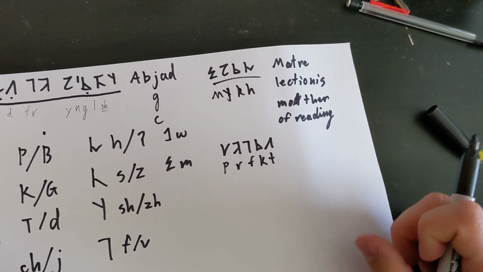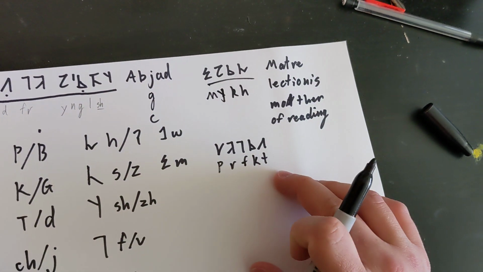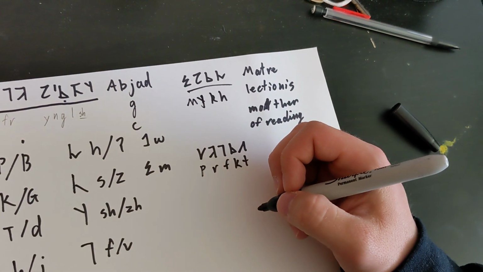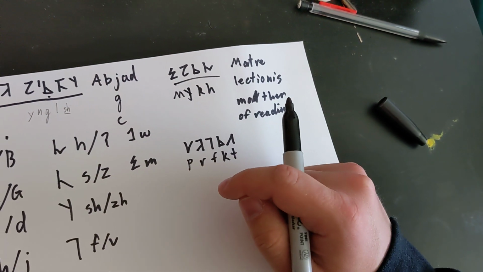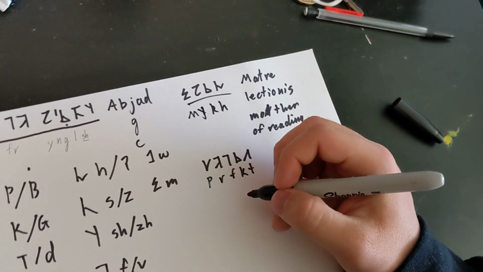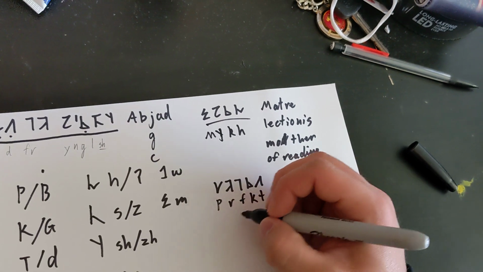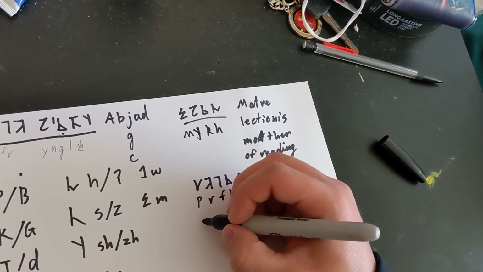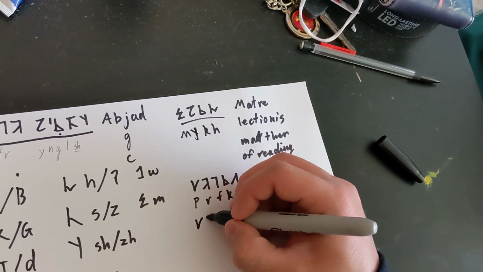Now you may need some, because these sounds can match other words too, like prefect. Prefect is made the same way, but you can help distinguish prefect versus perfect by writing like this.